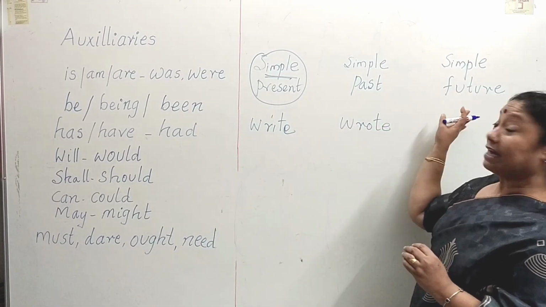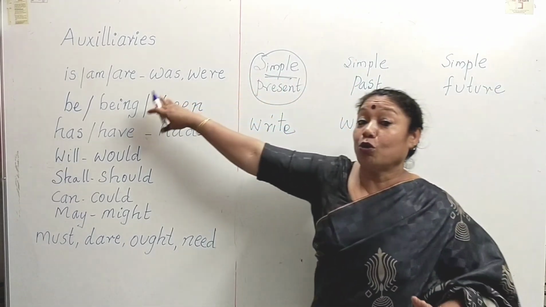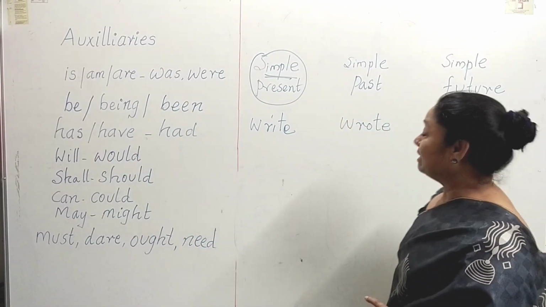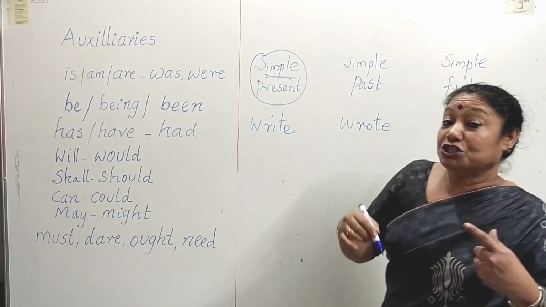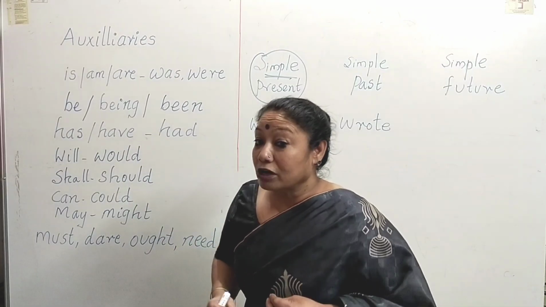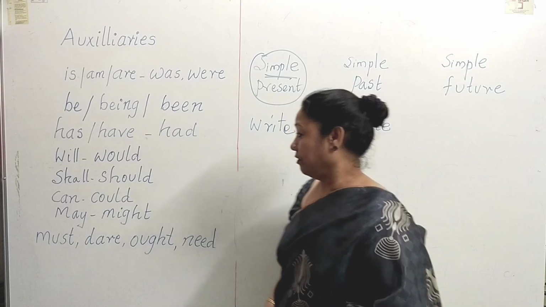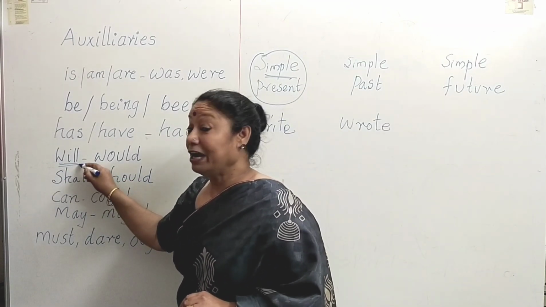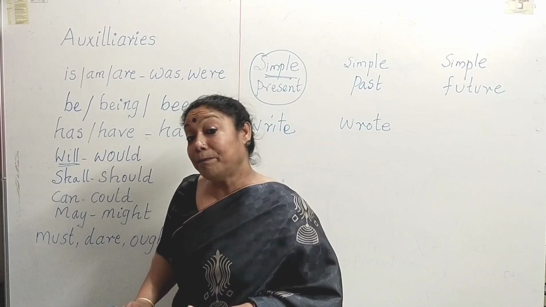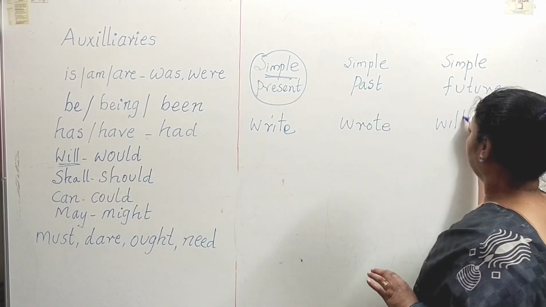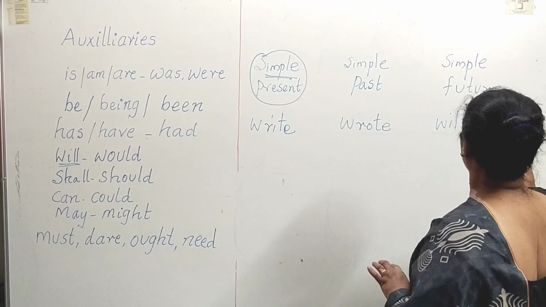In order to express future, we use the auxiliary will. Where is will now? It is here. You need the help of this will for simple future. The same thing, will write.